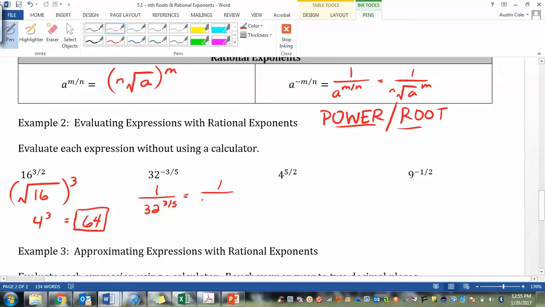So the 5th root of 32 cubed. So what's the 5th root of 32? That's 2. So now it's really 1 over 2 cubed, which is 8. So this would be 1/8.